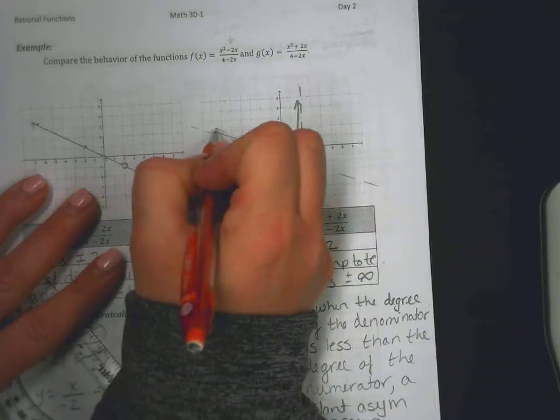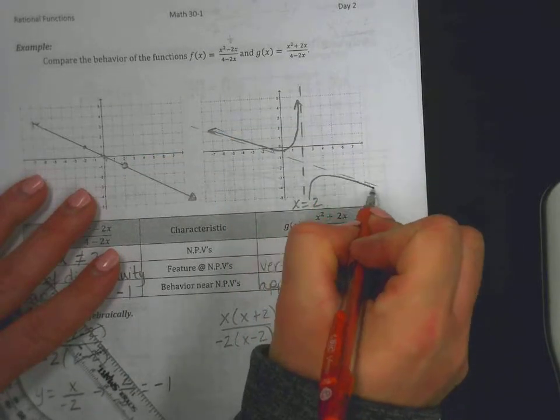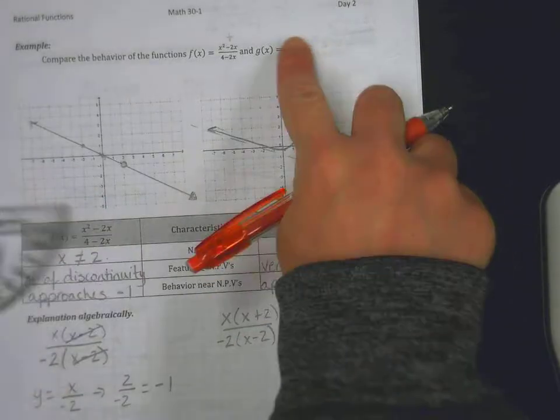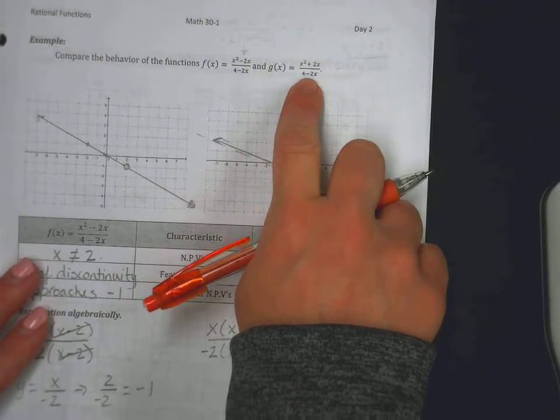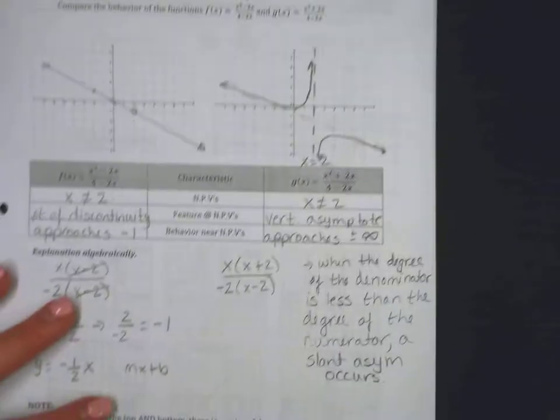So our function looks something like this. Like I said, you're never going to be asked to identify those slant asymptotes. But just be aware that if the degree in your numerator is larger than the degree in the denominator, that's going to create a slant asymptote, not a horizontal.